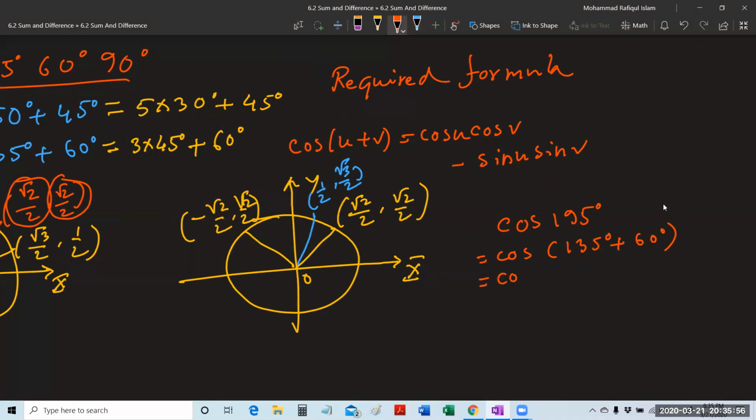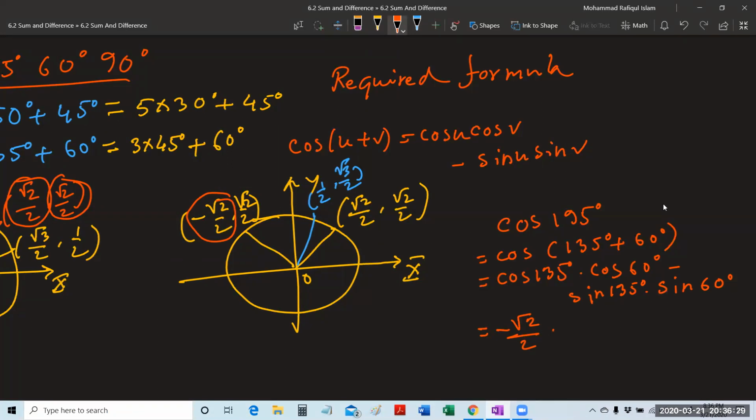So cosine 135 degrees times cosine 60 degrees minus sine 135 degrees times sine 60 degrees, and that equals cosine 135 degrees, whose value is the first thing here, negative root 2 over 2, times cosine 60 degrees.